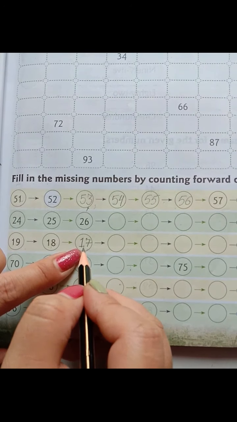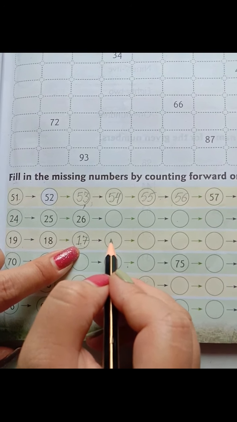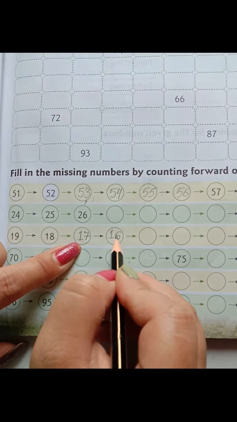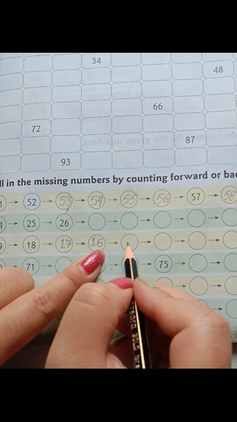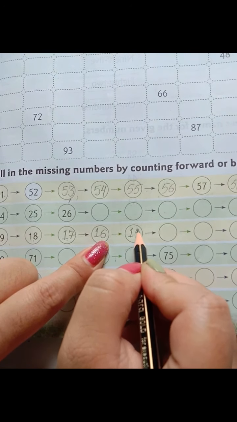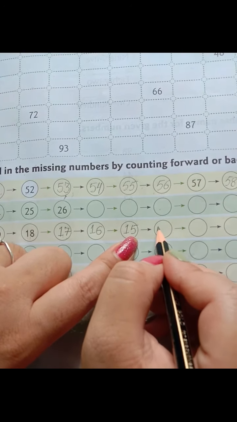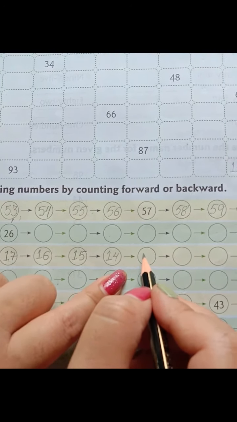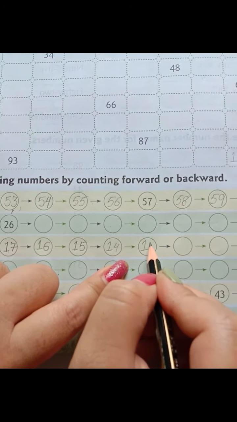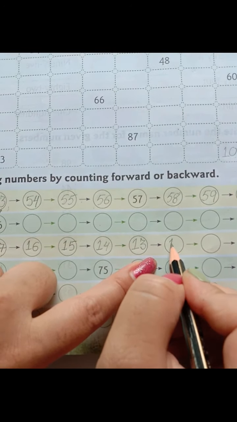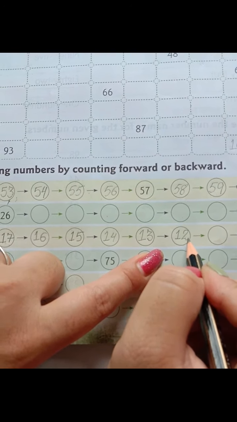After 17, which number will come just before 17? 16. Before 16 it was 15, before 15 it was 14, before 14 it was 13, and before 13 it was 12.